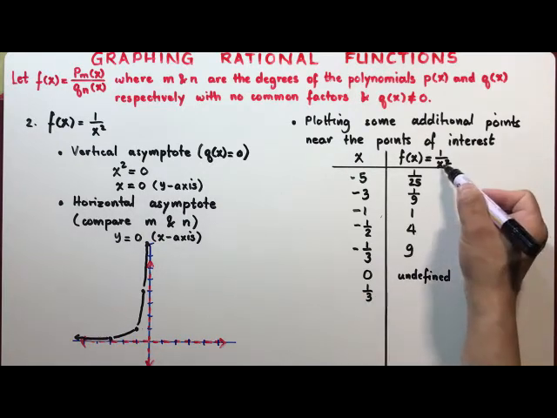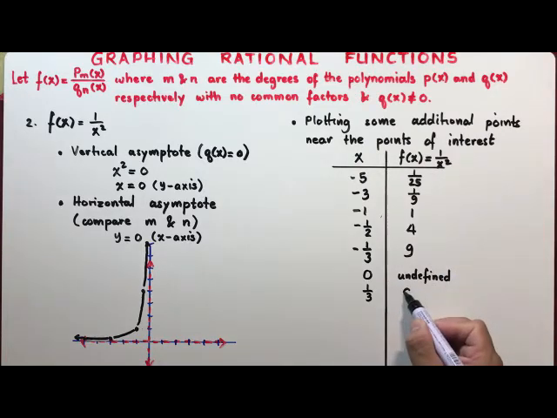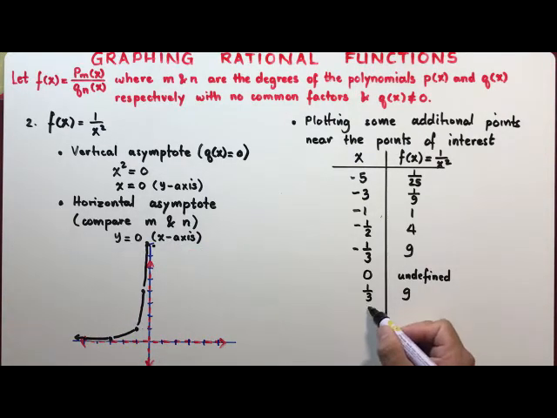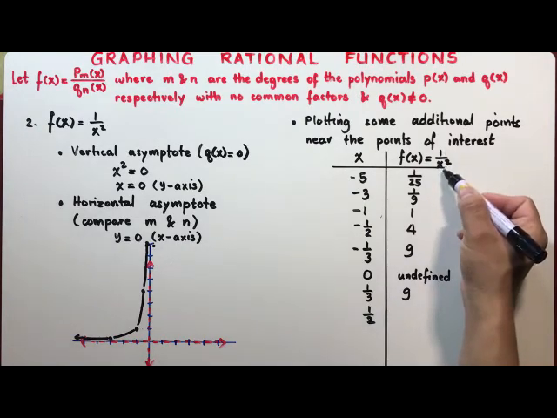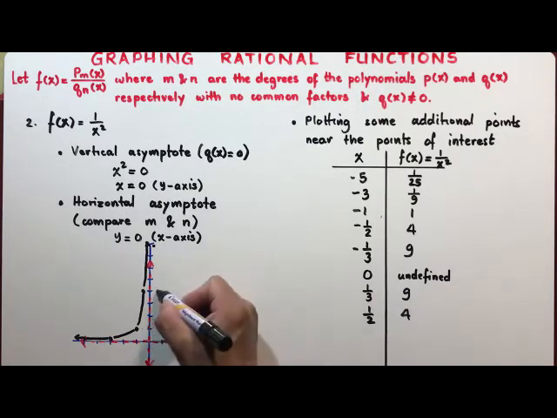When your x is 1/3, that is 1 divided by 1/3 squared, that is 1 divided by 1 over 9, and 1 divided by 1 over 9 is 9. So when your x is 1/3, it's 9. But when your x is 1/2, substituting it here, 1 divided by 1/2 squared, that is 1 over 1/4, and 1 divided by 1/4 is 4. So when your x is 1/2, it's 4.